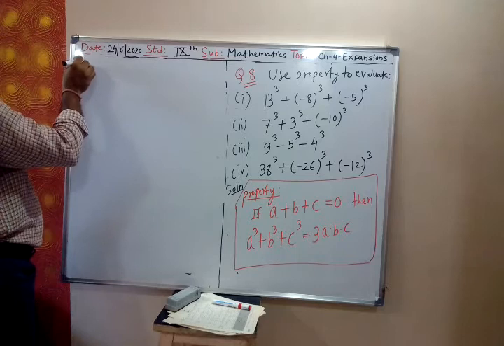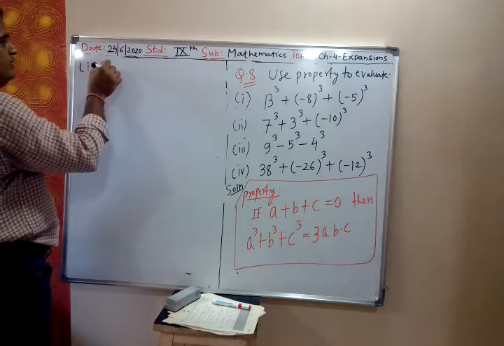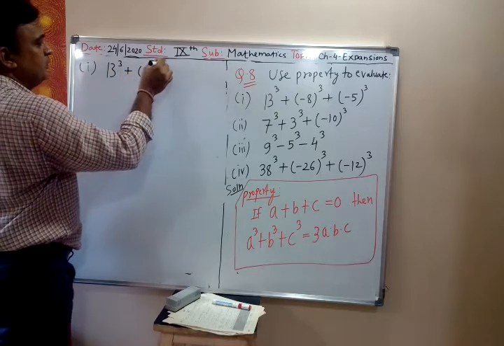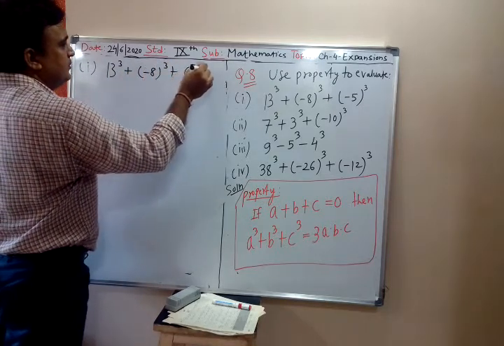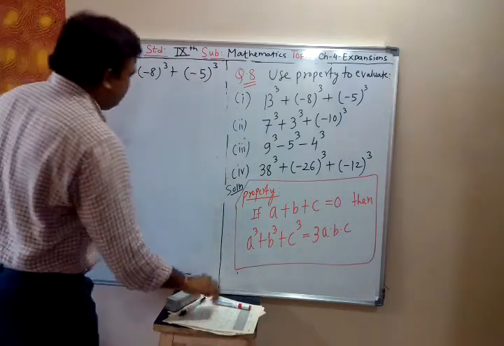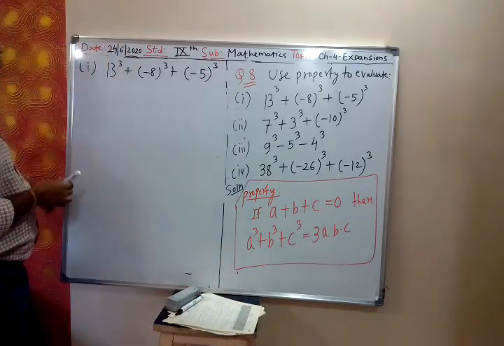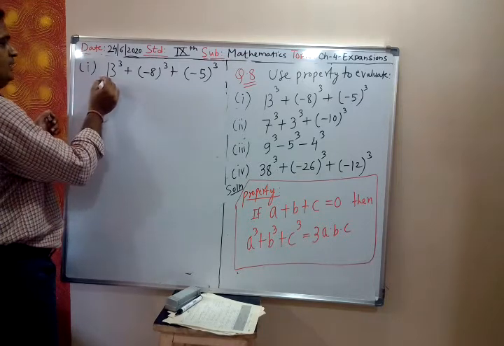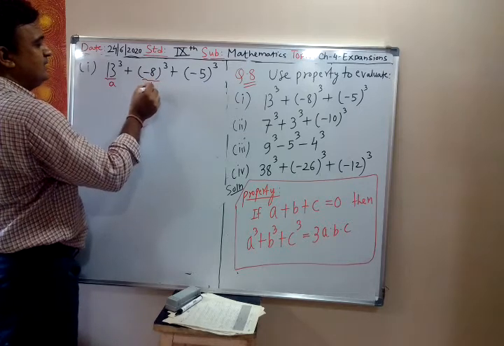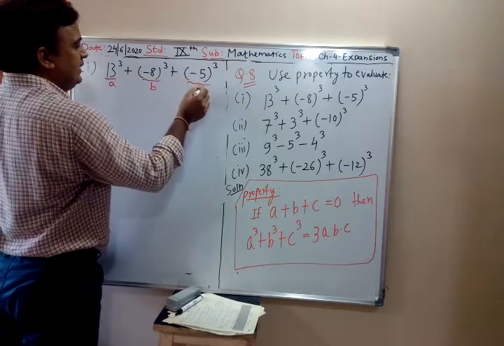First, it is given 13 cube plus minus 8 cube plus minus 5 cube. Now we have to find this. This 13 I will consider a, minus 8 I will consider b, and minus 5 I will consider c.